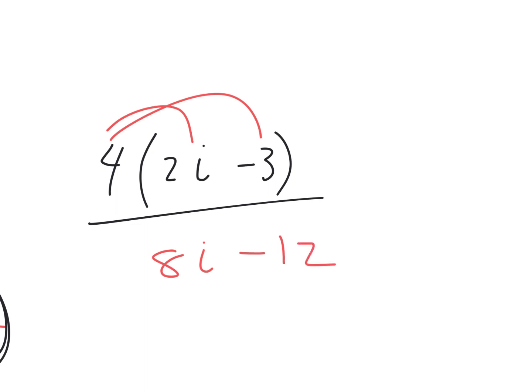Now, couldn't you do that yourself? I could do that myself. How many of you had 8i minus 12? Awesome. But here's the thing. If I multiply that out, 3i minus 1 times 2 plus i, that's going to be a pain because I've got to do first, outside, inside, last.